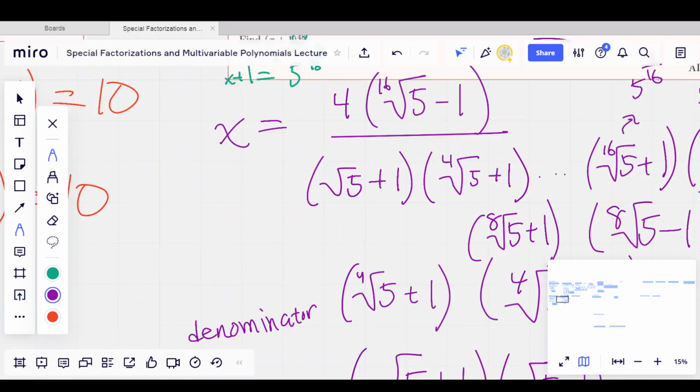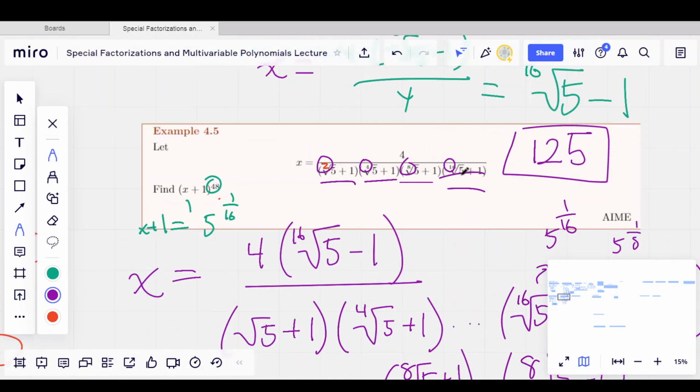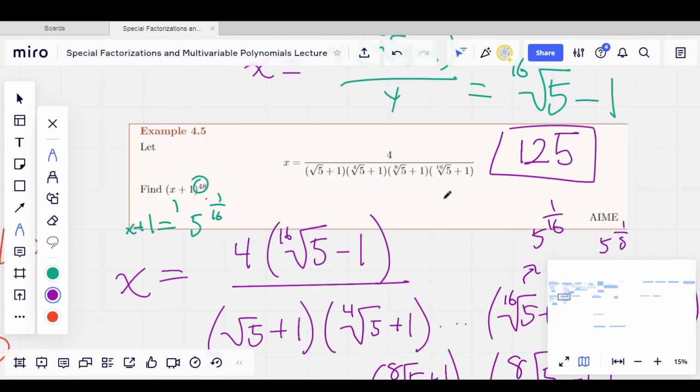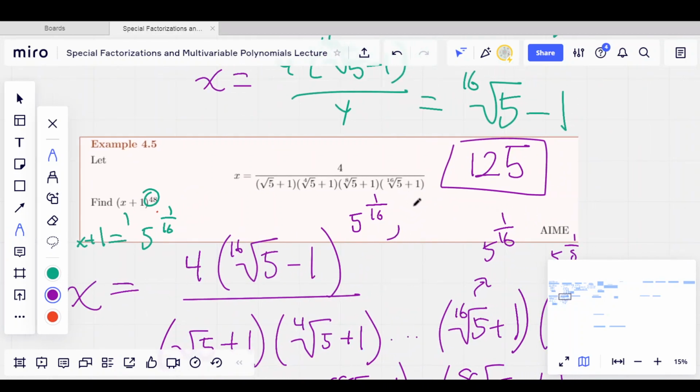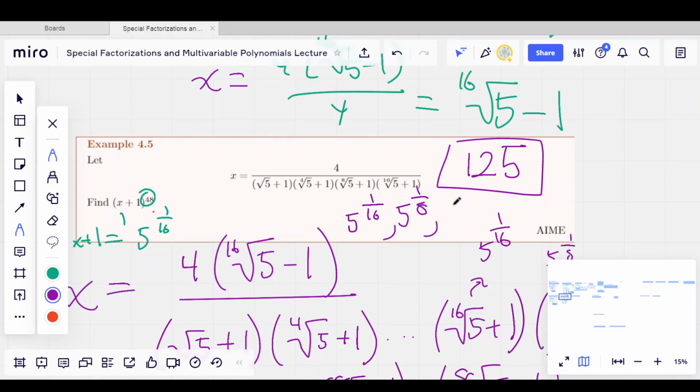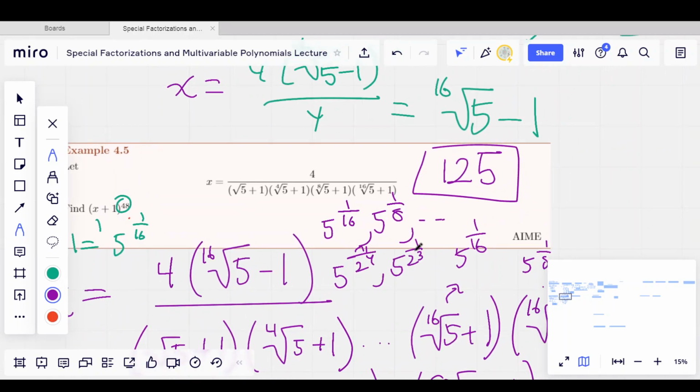And here we did the same thing except with the 16th root of 5. So these are all powers of 2.